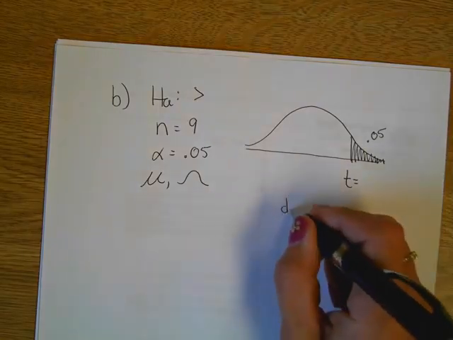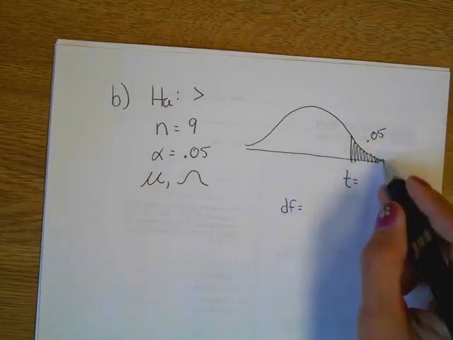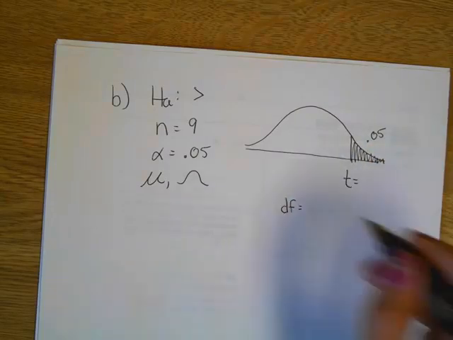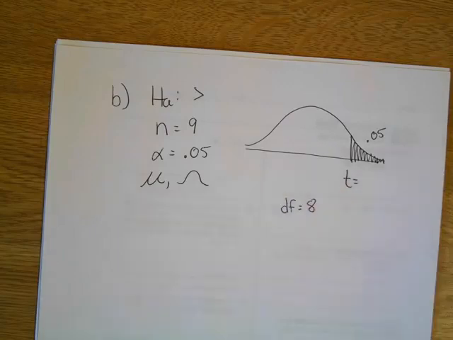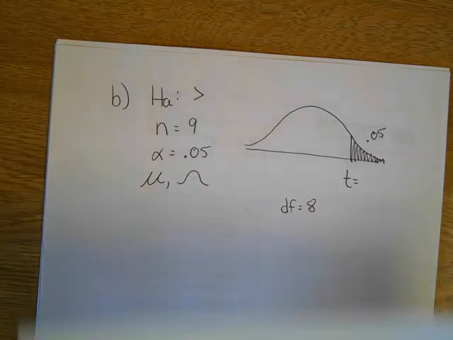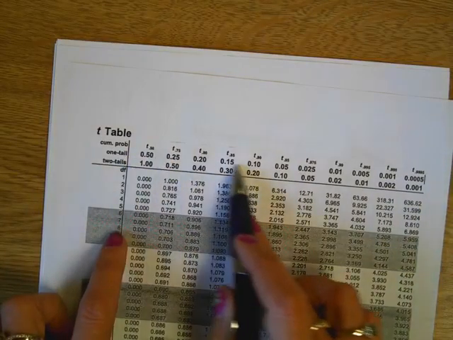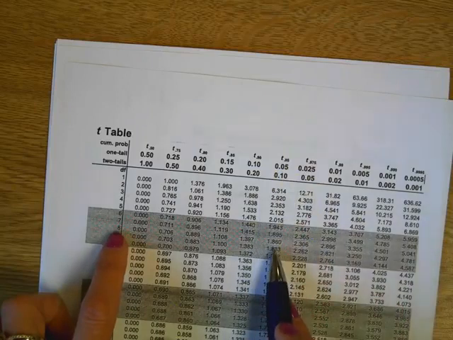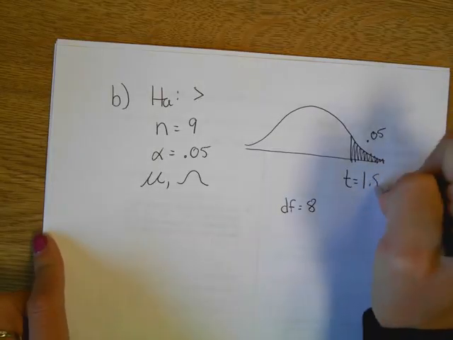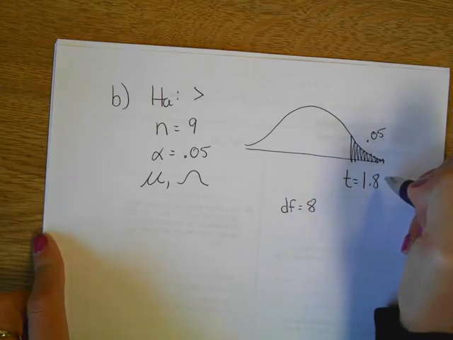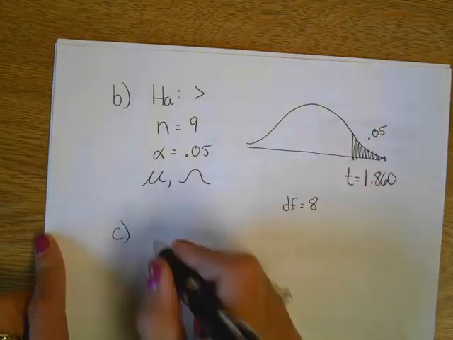So use your df and your one tail area. So df is 8, and one tail with 5%. One tail, 0.05. 1.860. Positive or negative? Positive. Okay, and then our last one is that two-tailed business.